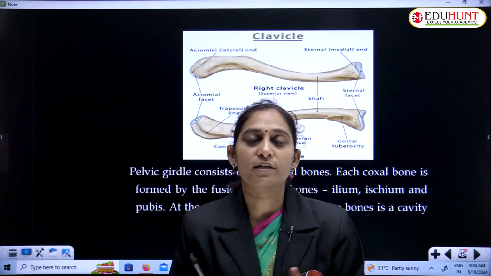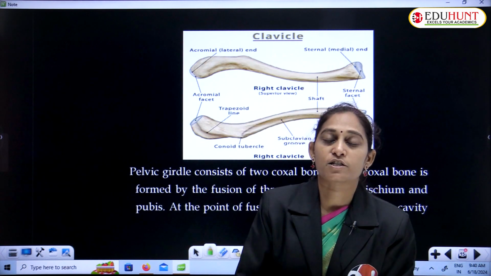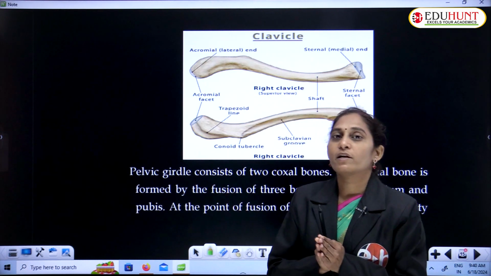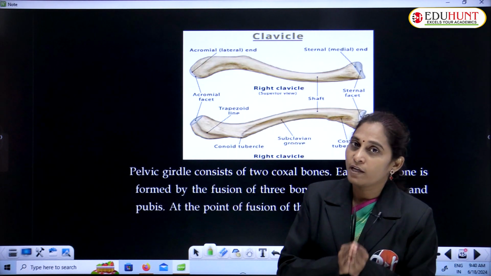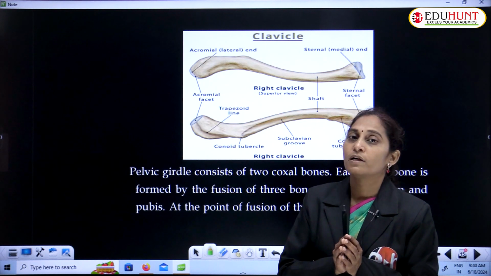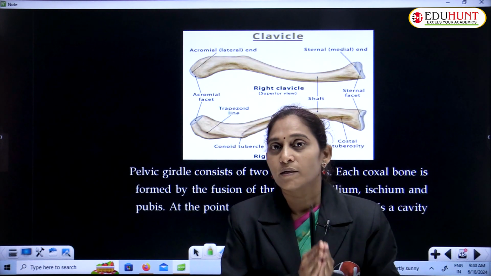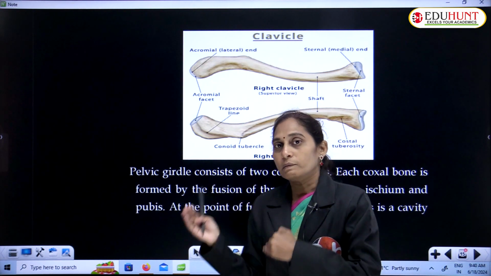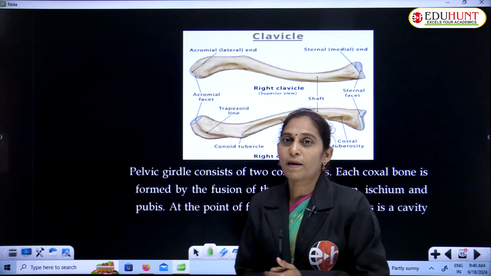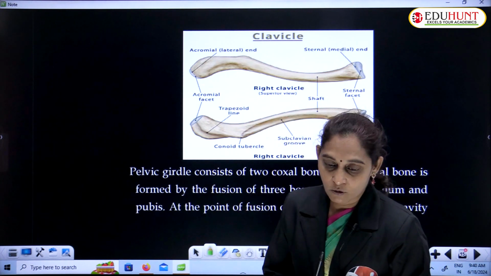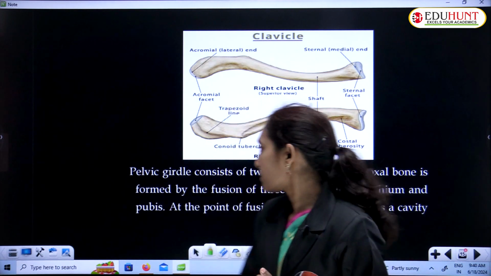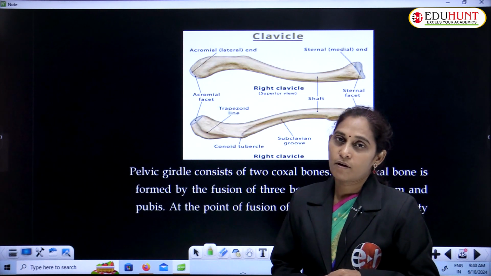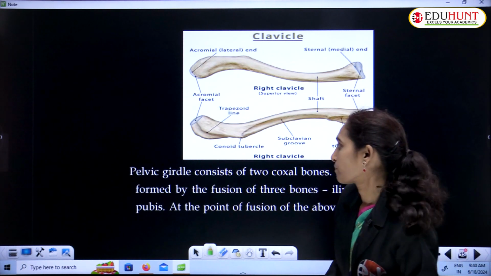In the appendicular skeleton, we have already discussed the forelimbs and the pectoral girdle. Now we are going to deal with the pelvic girdle, and we'll go through some bits based on the pectoral and pelvic girdles and also the hind limbs and forelimbs.